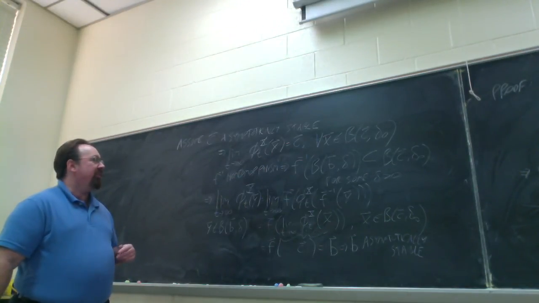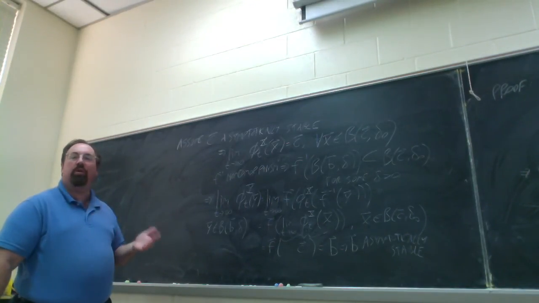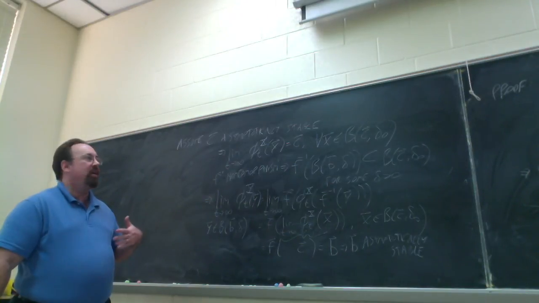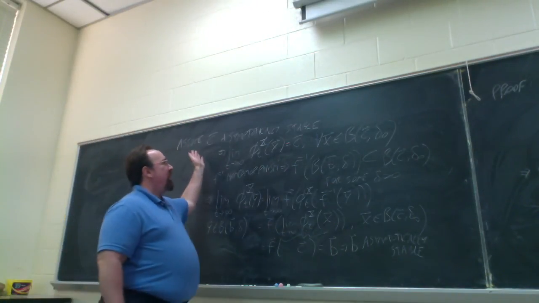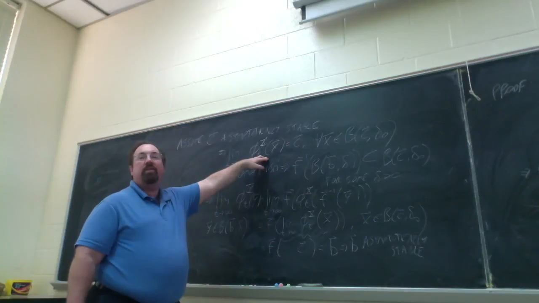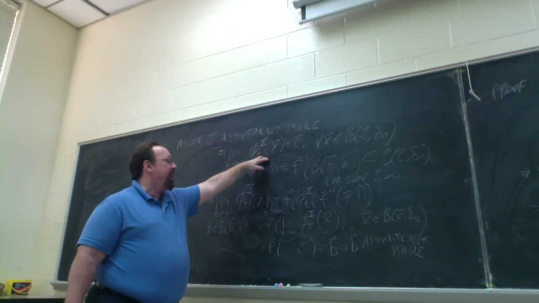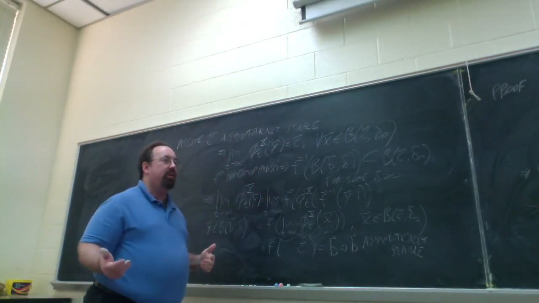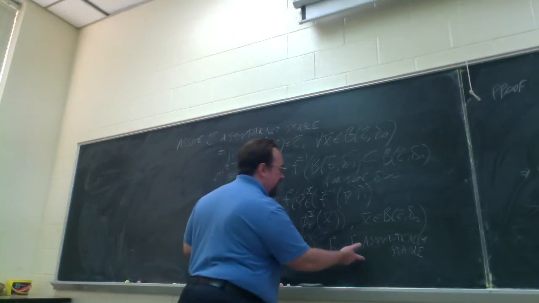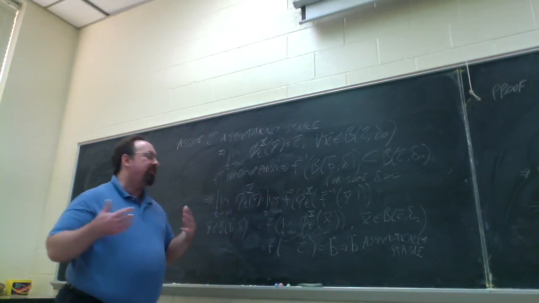And the thing is, a lot of proofs work this way, where you're taking your assumption, you're translating that into an equation that you can use, and also, what is the conclusion you're trying to reach? Your conclusion is that B is asymptotically stable. Well, what's the definition of that?